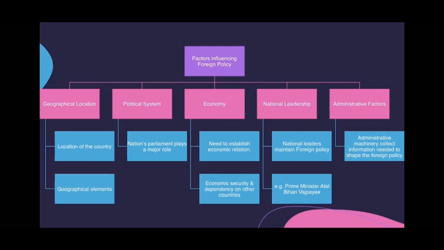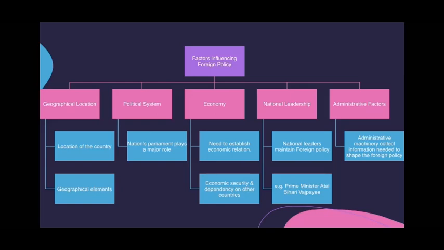In a federal political system, we are talking about division of powers between the center and state. In such a condition, the interest of the states also have to be taken into account when foreign policy is created. For example, events in Sri Lanka may affect Tamil Nadu, and events in Bangladesh may affect West Bengal.